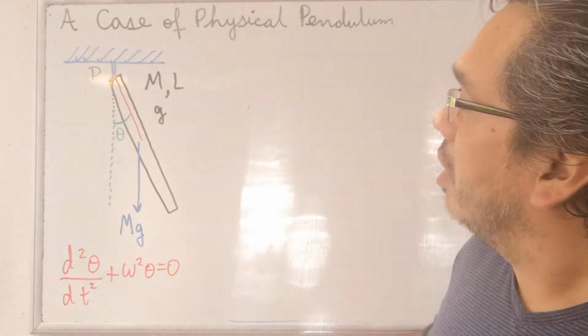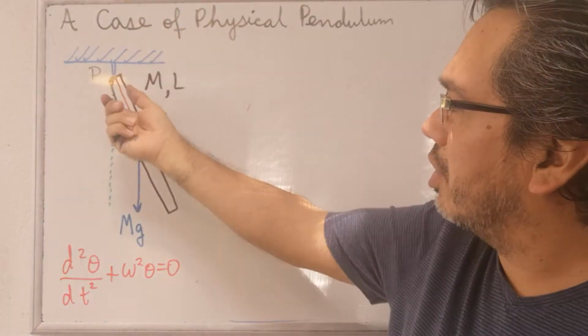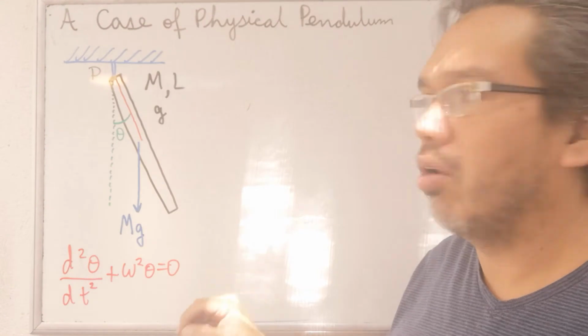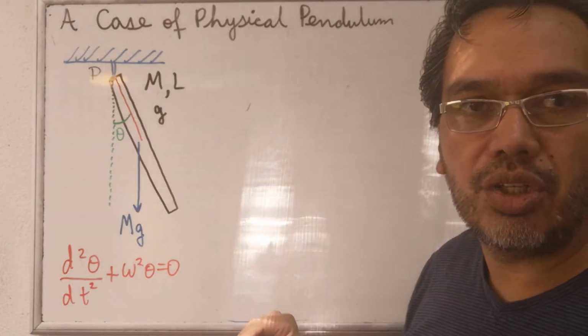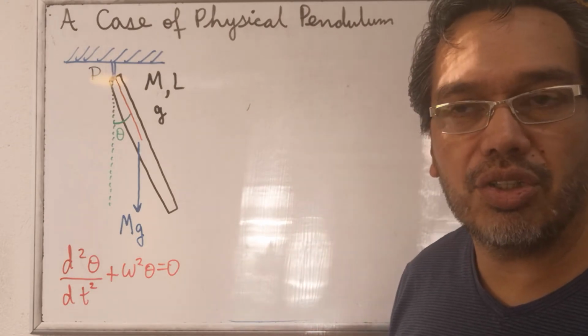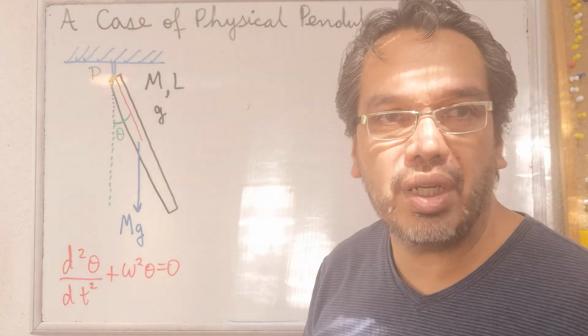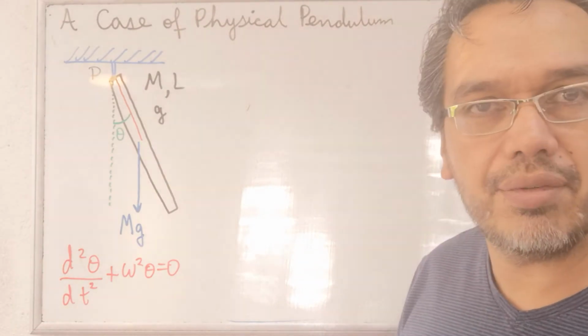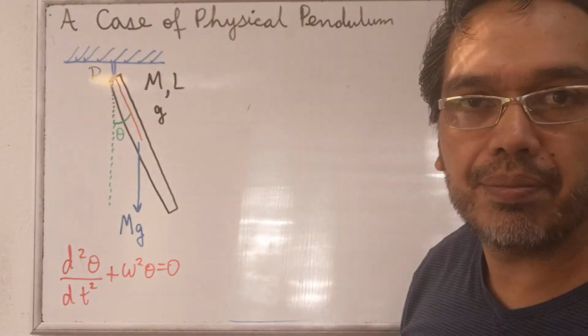For example, if your physical pendulum is a uniform long rod of mass m, length L, because it is uniform, we know that the linear density is constant throughout the object, and you have it fixed in a frictionless or nearly frictionless situation around a pivot point, let's call it P.